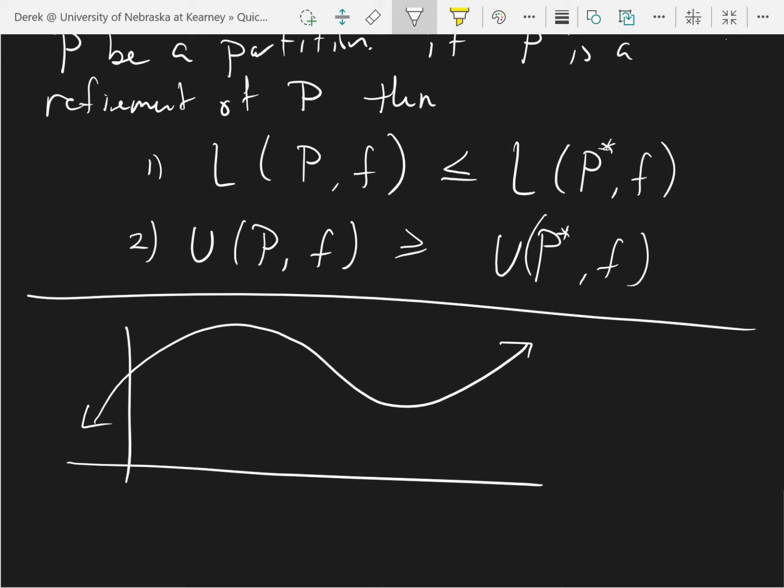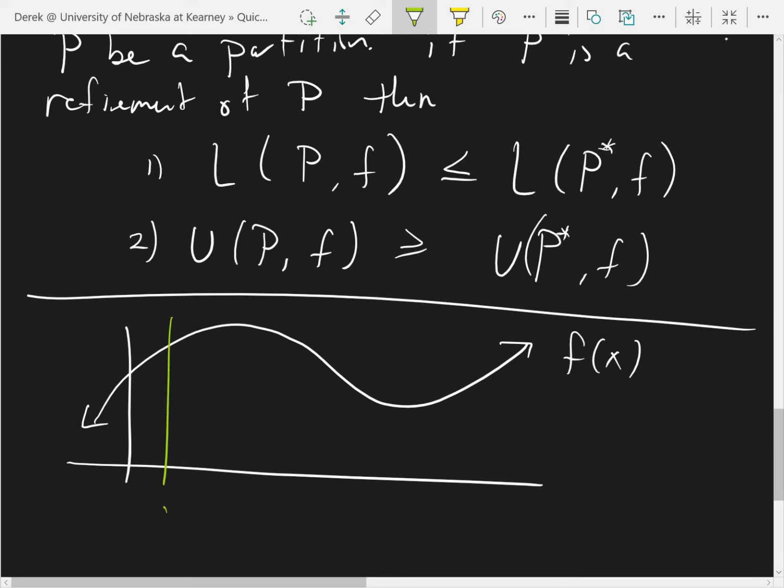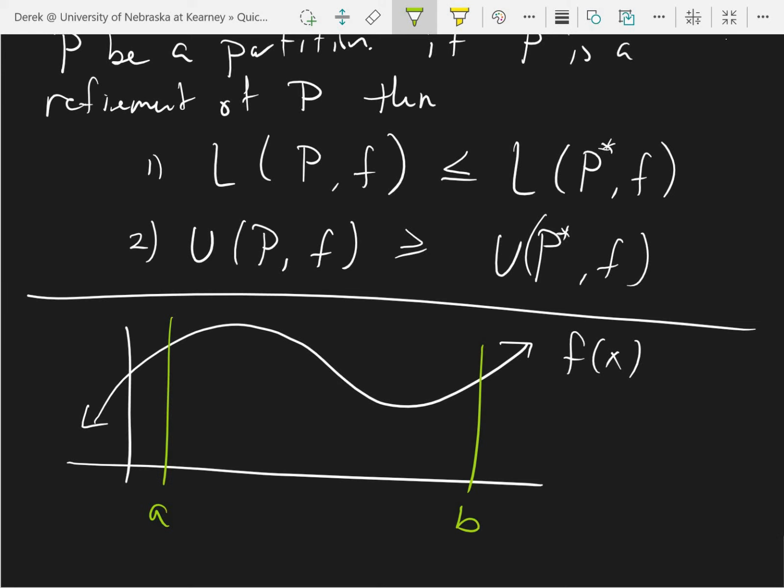Okay, so let's call this f of x, and here's our first partition. Here's a, here's b. Let's take 3 points, so I've got 4 points, I guess: x0, x1, x2, and x3.